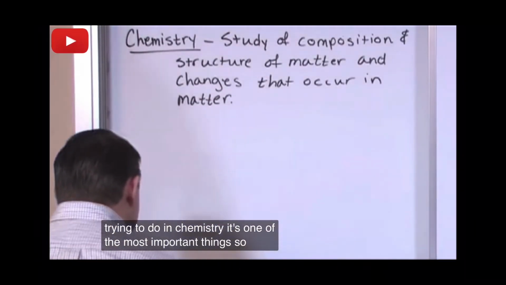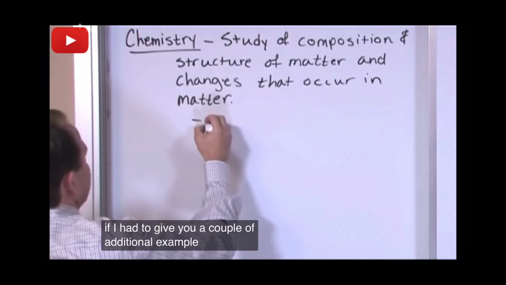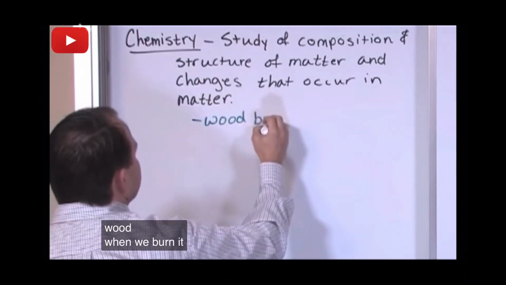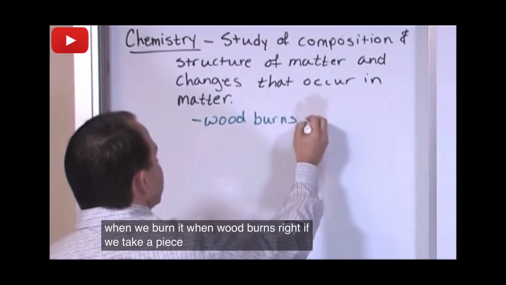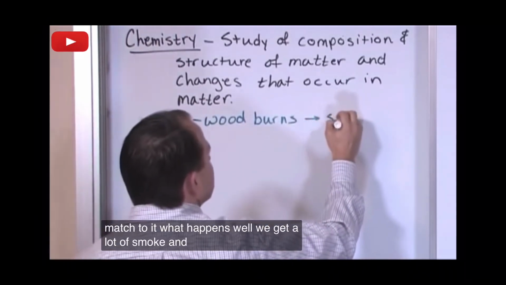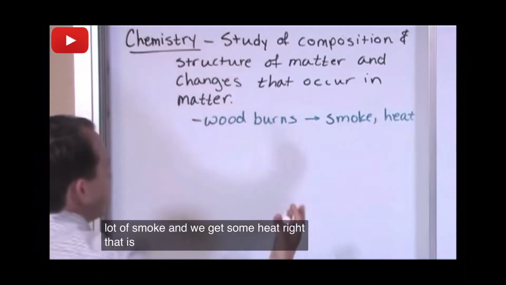So I'm giving you a couple of examples, but if I had to give you a couple of additional examples, what about wood when we burn it? When wood burns, right? If we take a piece of wood and we put a match to it, what happens? Well, we get a lot of smoke and we get some heat, right? That is a chemical reaction.